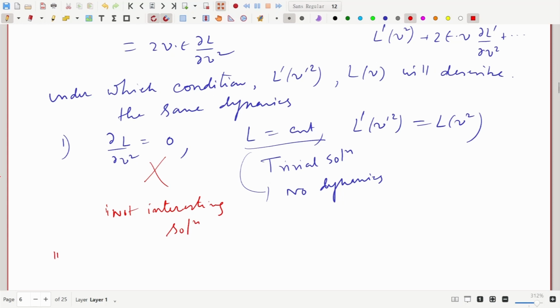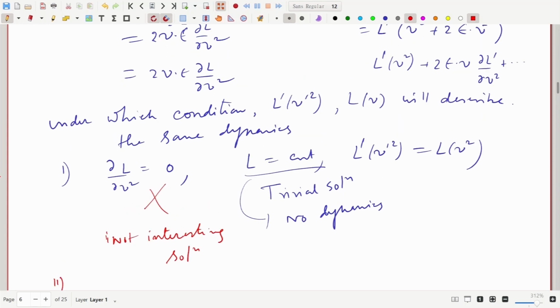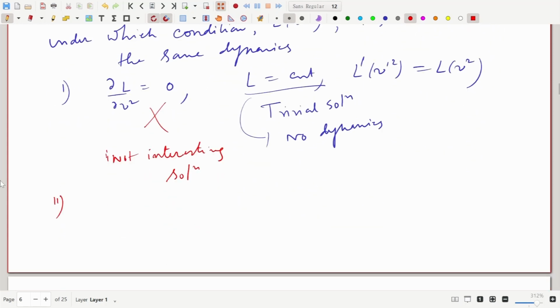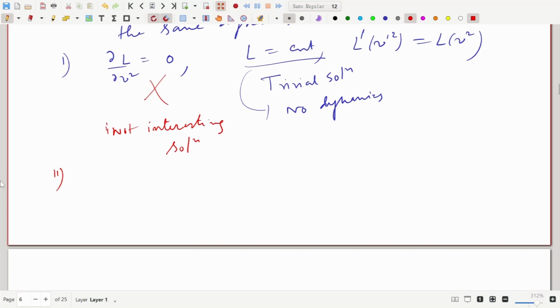Now the next possibility we can look for is, let us say, ∂L/∂v² is constant. Suppose ∂L/∂v² is constant, then what will happen?